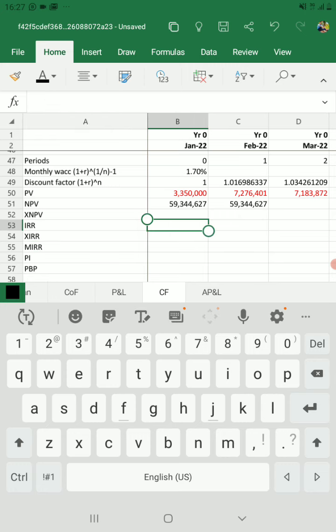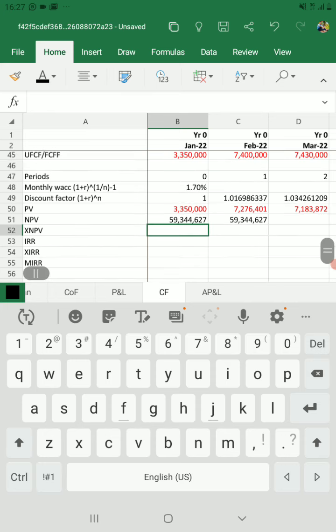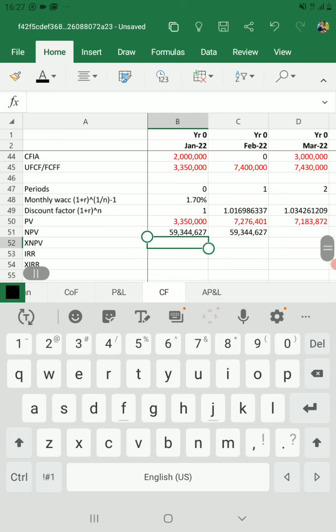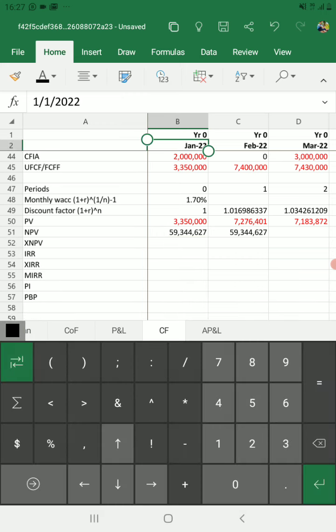Okay, so to compute XNPV, as I said, this formula uses exact dates on which the cash flow occurs, and this formula is applicable for irregular cash flow timings. So we need to put the dates here.